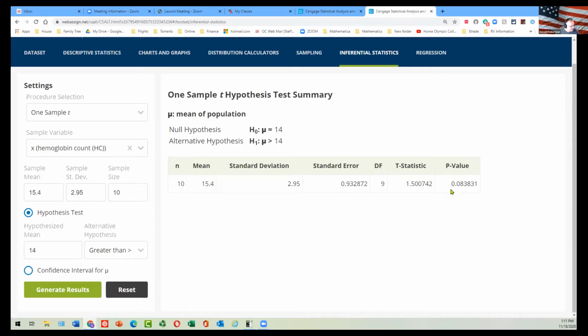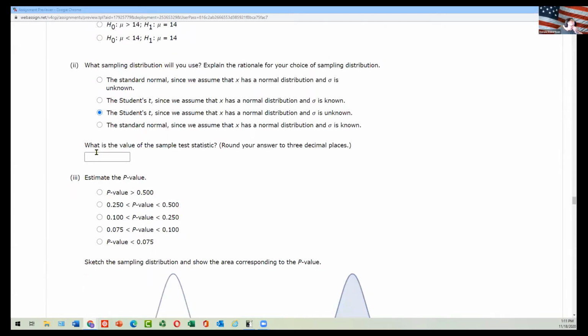So 0.08, remember that, 0.08. The t statistic was 1.5. And instead of giving me a box, which they should have, where you just type in 0.0838, whatever they want, we go here and we have to find out which interval has 0.0838 in it. And I believe it's that one. Would you agree?